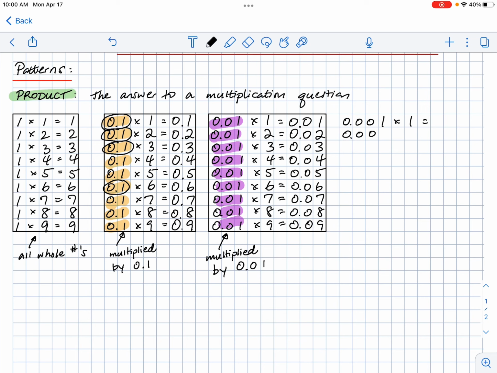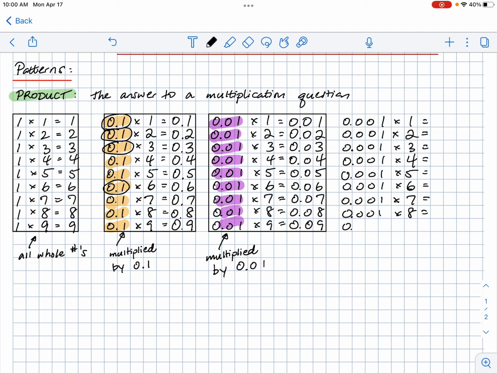And I want you to think to yourself as you do this, what is going to be the product in each of these cases? And like I said, we have established a pattern now in the previous 3 columns, right? Times 5, times 6, times 7, times 8, and times 9.